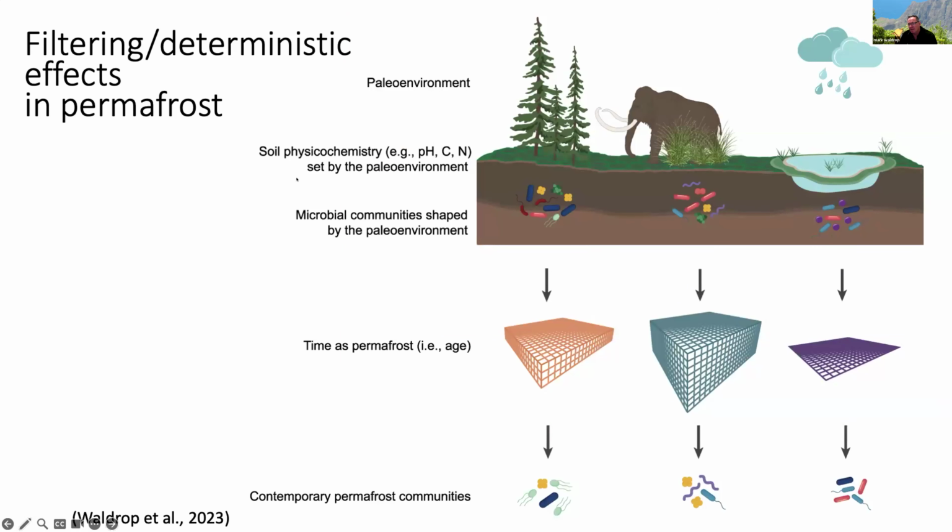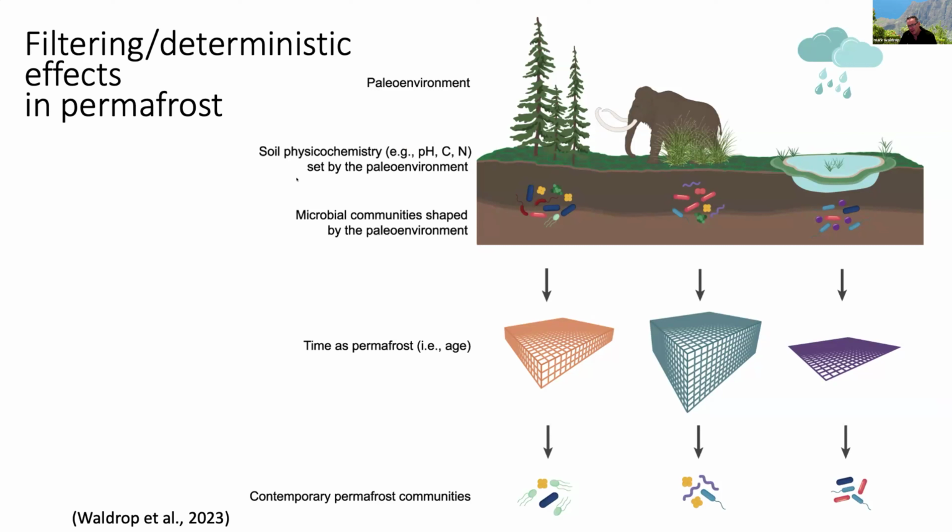It's also our idea that microorganisms in permafrost were originally laid down by the paleo environment, that they were reflective of the climate and the soil properties thousands to tens of thousands of years ago, just before that permafrost was frozen. So there's that factor that affects permafrost microbial communities.